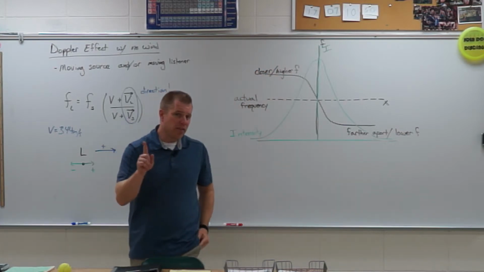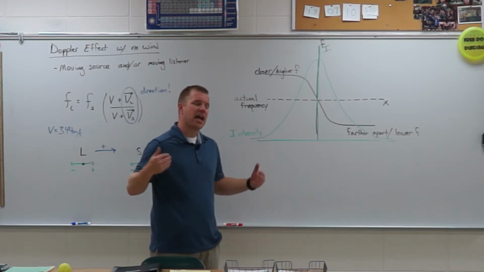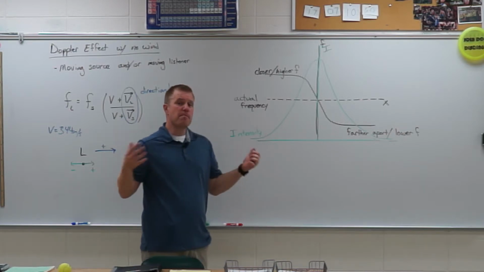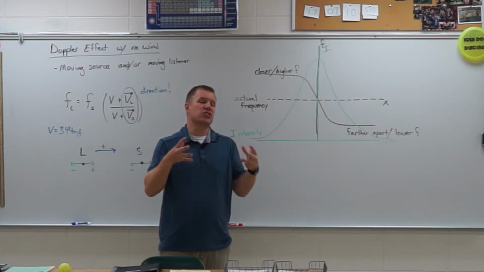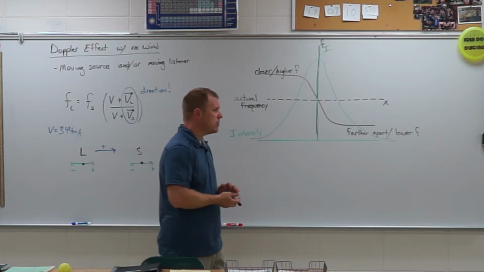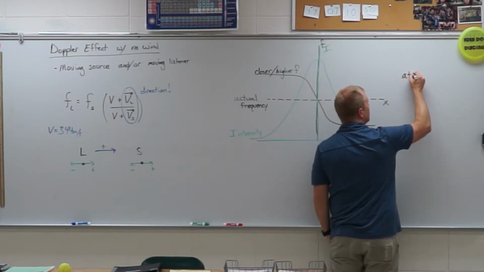Now, there is one other influencing factor why people might think the frequency is increasing as it approaches, and that is because in most cases, there's a mixture of frequencies. Say as a car comes toward you, there's a mixture of frequencies you're hearing. And there's something called sound attenuation.